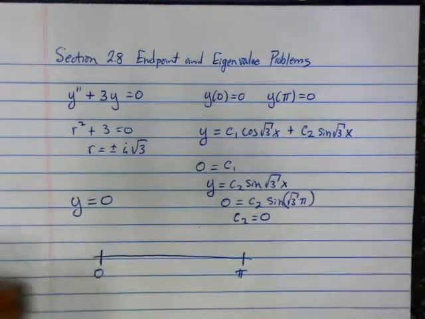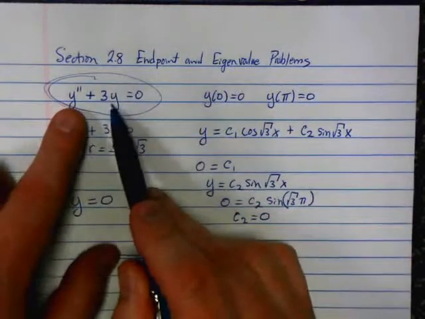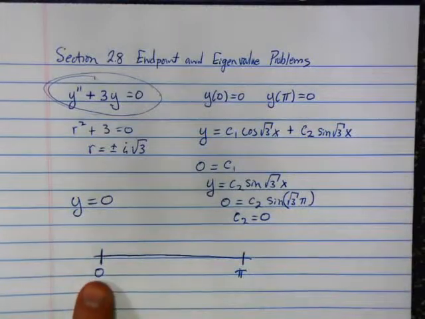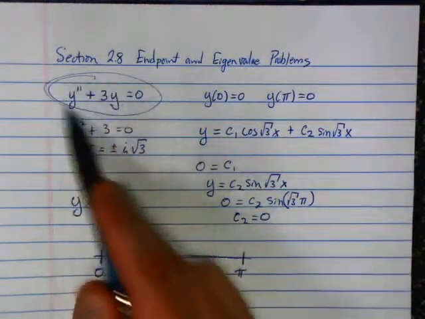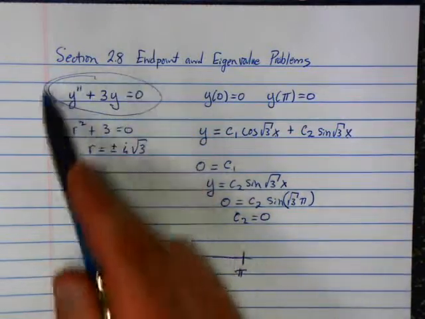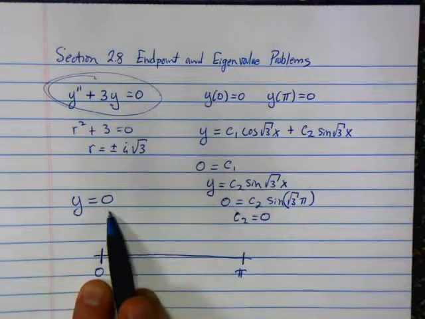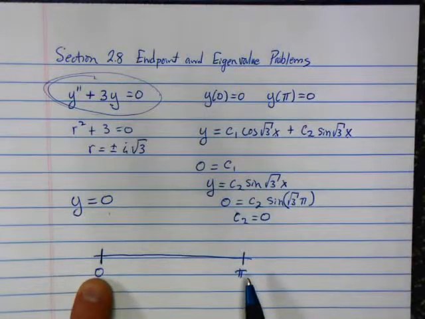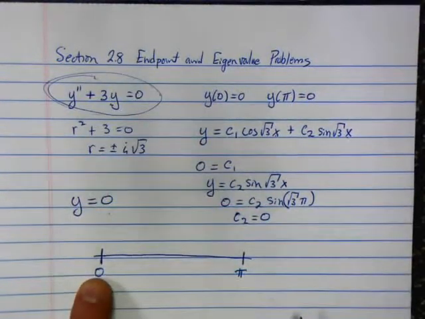And we want to know if we have this differential equation, how can the string vibrate in order for the string to be 0 at 0 and 0 at pi. And what we just proved is the string can't vibrate. It just has to be taut and held straight across. You can't match this resonance, can't match that frequency. It's impossible.